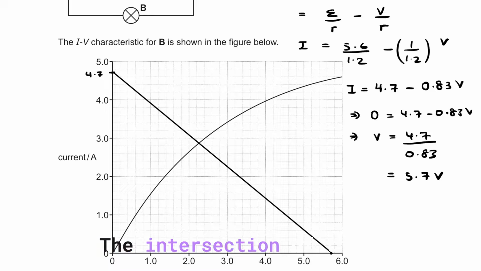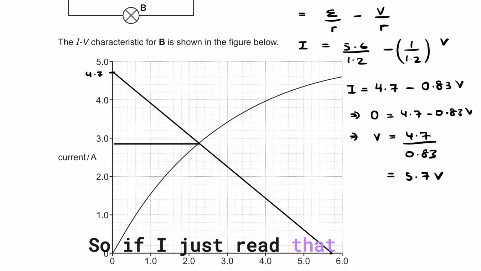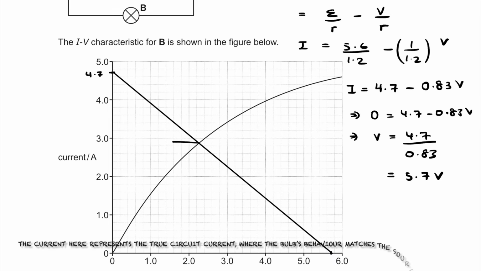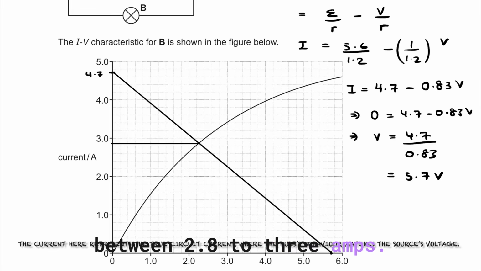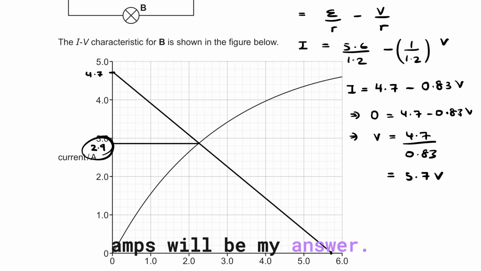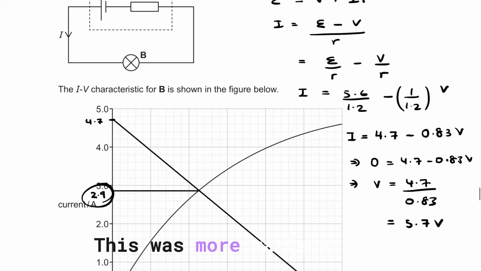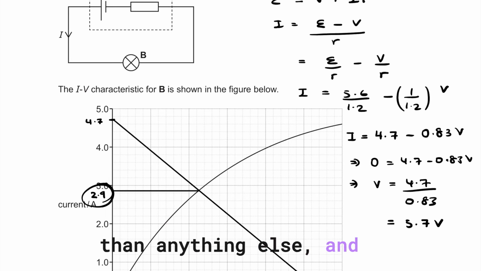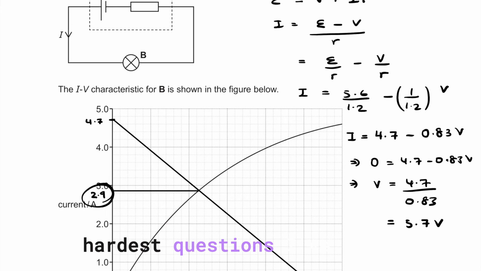The intersection of these 2 graphs is going to give me the answer. If I just read that off, it gives me anything between 2.8 to 3 amps, so I'll just say 2.9 amps will be my answer. This was more mathematical than anything else, and I think this is one of the hardest questions I've seen.